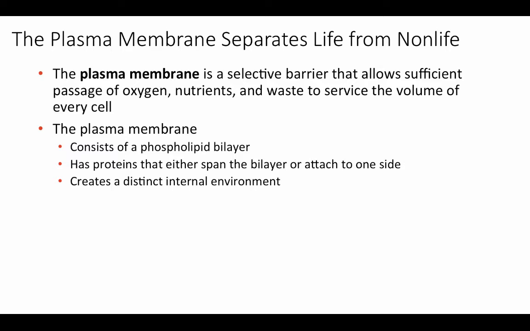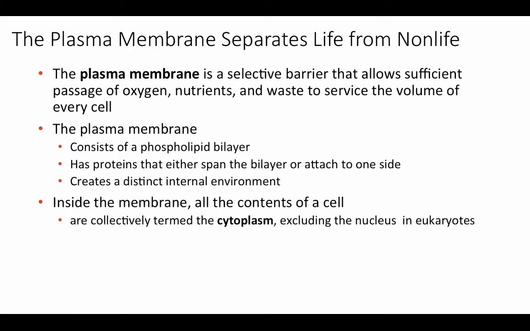Distinct internal environment, a stable internal environment, regardless of what's happening in the external environment. The plasma membrane makes that possible. As we just mentioned, inside the membrane, all of the contents of the cell are collectively called the cytoplasm, excluding the nucleus. So everything between that plasma membrane and the nucleus we call the cytoplasm.